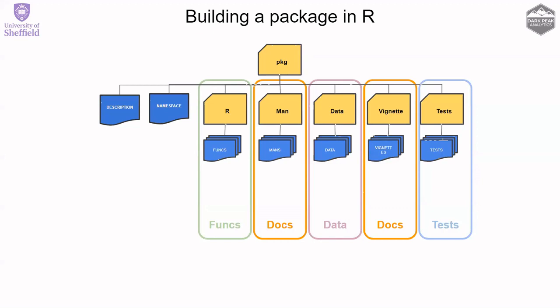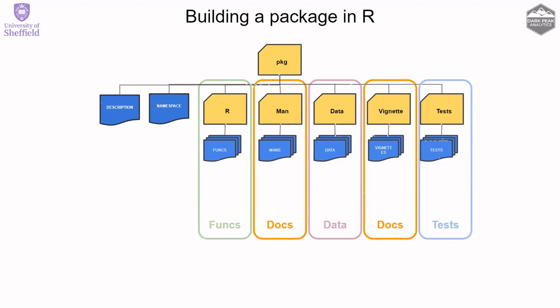That's one file, a namespace file, your R folder, which contains all your functions, a man folder, essentially a manual folder, which contains the documentation of each function, a data folder, which contains raw data and, I would argue in this case, would also contain your default values that users might want to change, and a vignette folder, which might contain documentation of the higher level structure of the model.